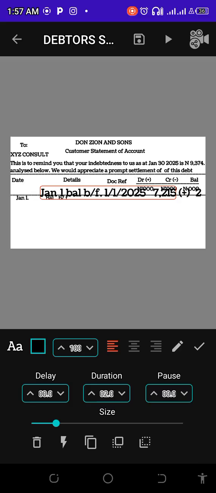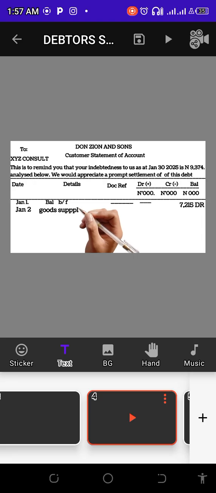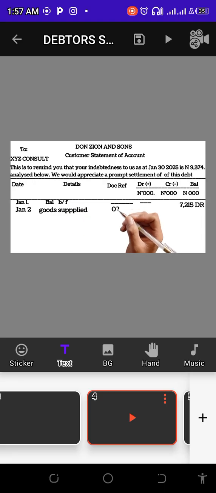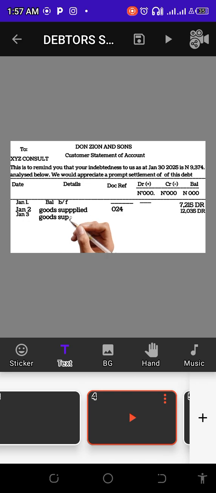So we go. So January 1st balance brought down will be 7,215. It is a debit balance. Goods supply will be a debit balance also. It's going to add to the balance brought forward.